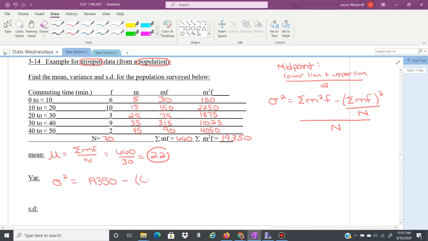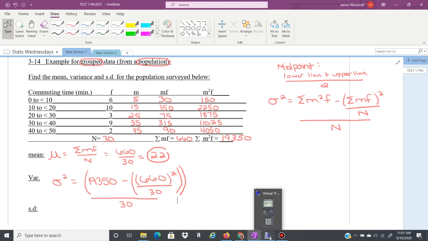We didn't find that, so we'll write this as 660 squared in parentheses divided by n, which we found to be 30, and then all of that divided by 30. All right, so order of operations on this, I'm going to want to do this, then I'm going to do the subtraction, and then I'll divide by 30.